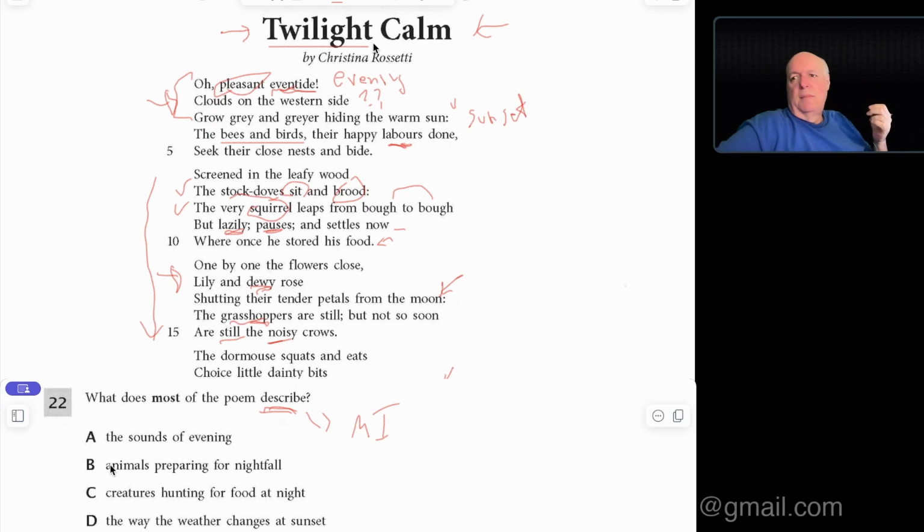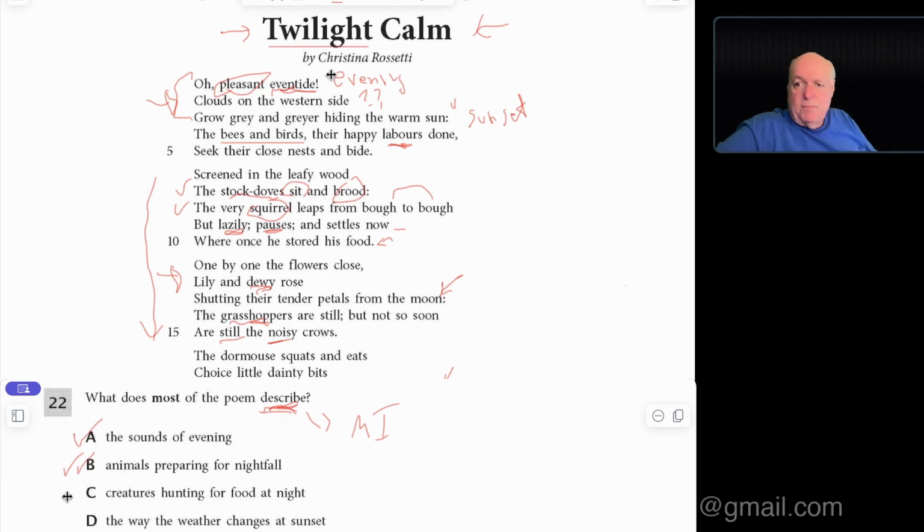It was basically about the end of the day, things preparing for the night. So the sounds of evening, absolutely, it talks about those. So those are definitely issues that occurred. And it almost describes preparing for nightfall, so I spent a lot of time talking about that. We're going to double check that.